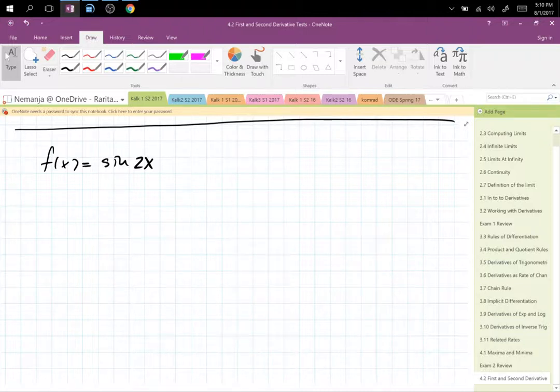G prime is 2x. So the derivative of sine turns to cosine of g, which is 2x. So cosine of 2x times g prime, the derivative of 2x, which is 1. You're right.